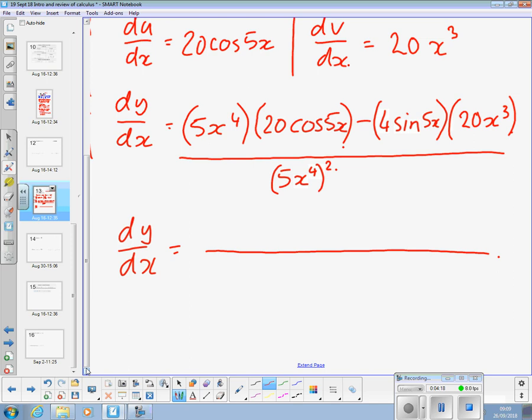It's 5 to the power 2 times x to the power 4 to the power of 2. So it's 5 squared is 25, x to the 2 times 4, which is 8. Laws of indices: x to the n to the power of m is x to the n times m. That's the law.